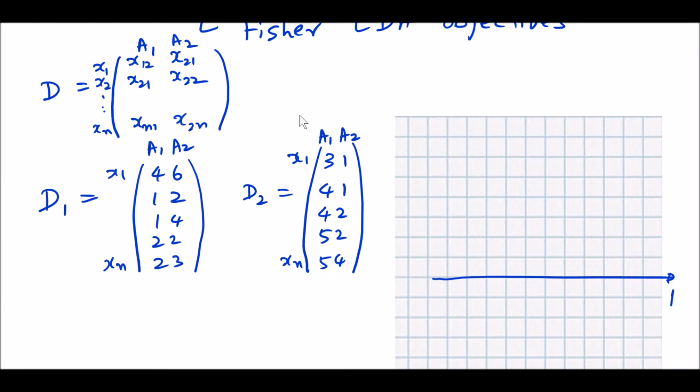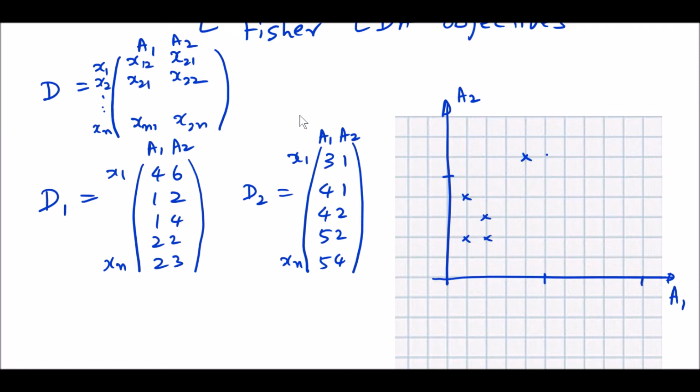Plotting the points for class 1: the first point is 4, 6, then 1, 2, then 1, 4, then 2, 2, and 2, 3.